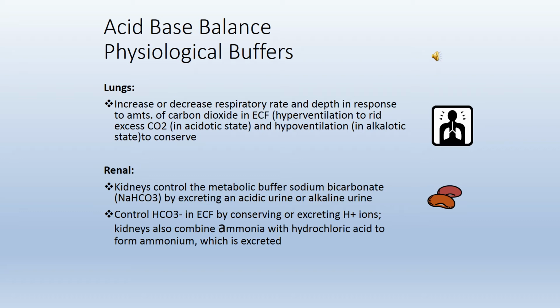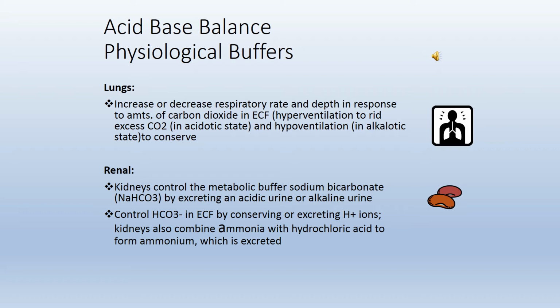Okay, lungs would be the regulators for the CO2 component. So our lungs help just by increasing or decreasing the rate of respiration to regulate the amount of CO2 in our blood. So the physiological buffers for each component are the lungs and the renal abilities.